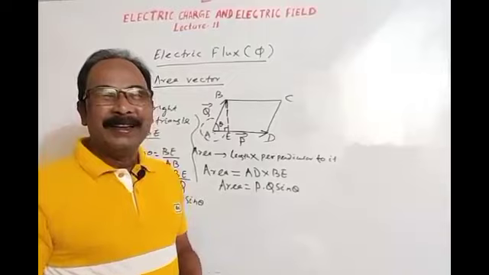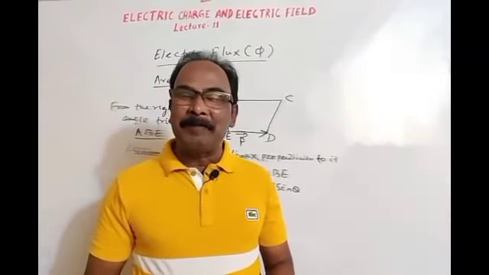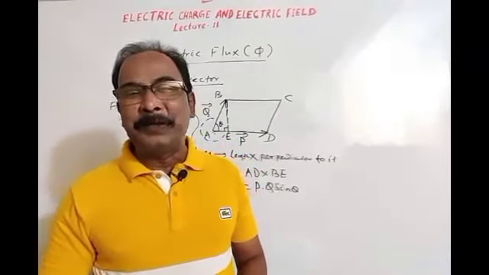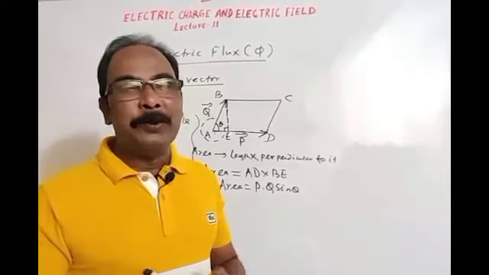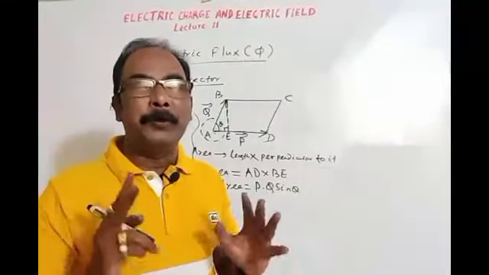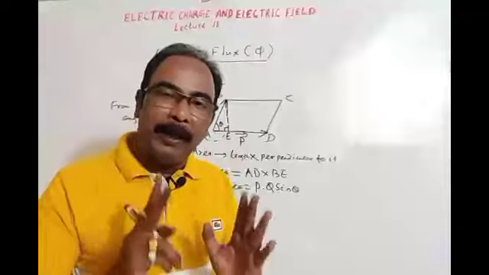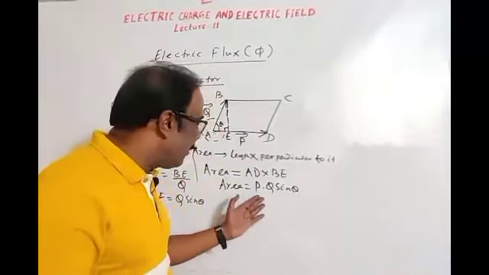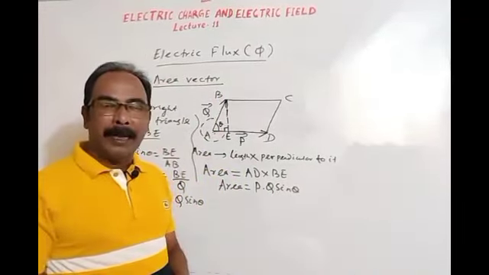As we know, the magnitude of the cross product of P and Q, means P cross Q, is equal to PQ sin theta. Then we have got the magnitude of the cross product of P and Q.